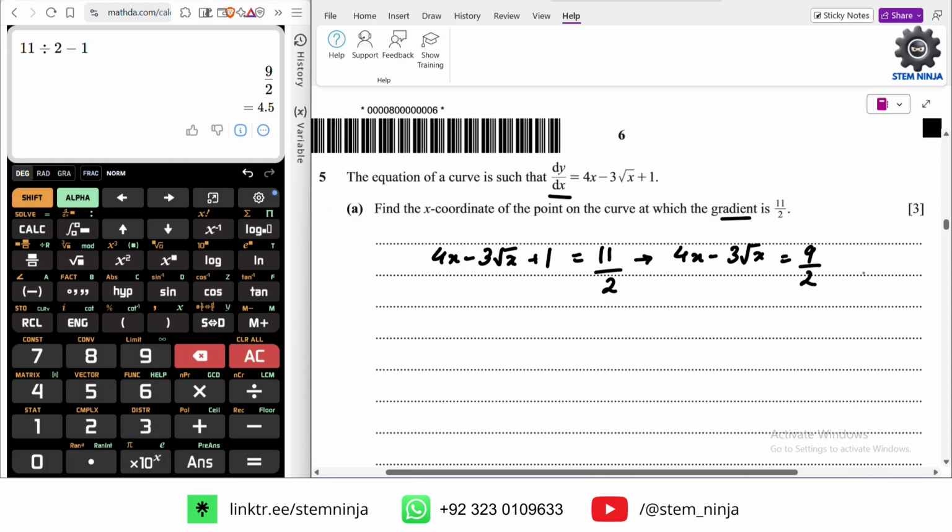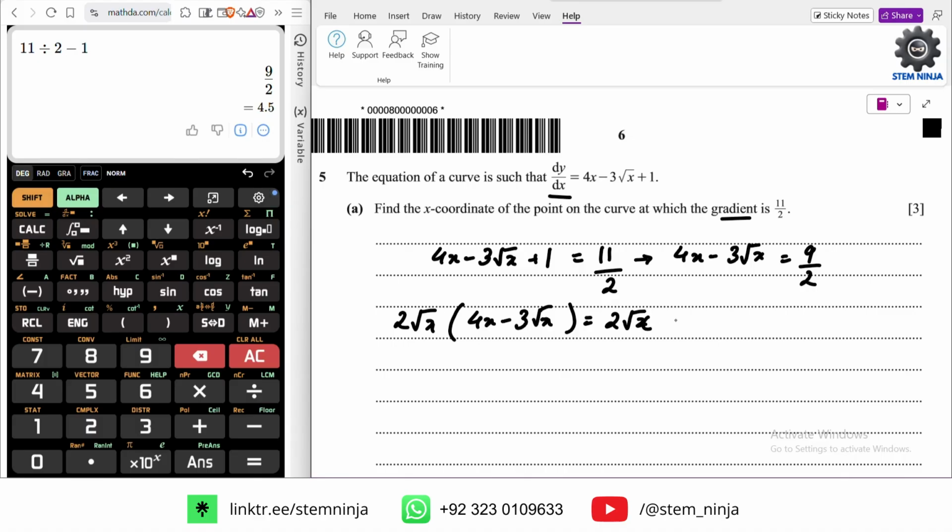So we can do two things now. We can multiply both sides by 2 root x. Actually, this won't do anything.